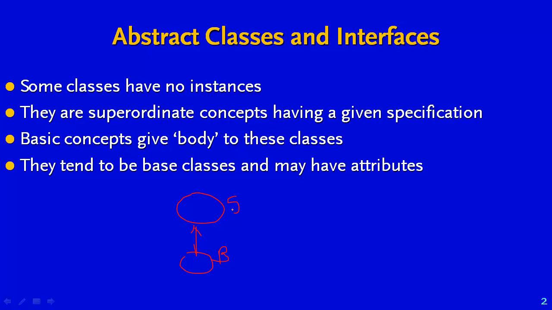The superordinate level is very abstract, and this corresponds to my ABC. What do I mean by ABC? Abstract base class. So the superordinate level does have functions and so on, but they're all abstract functions. And the basic level implements the abstract functions, so it gives a body to the actual functions.